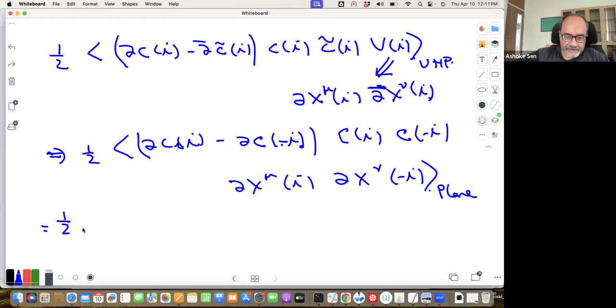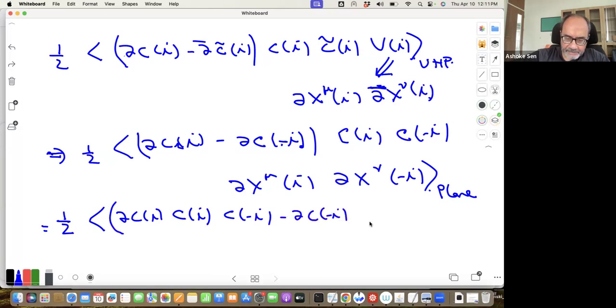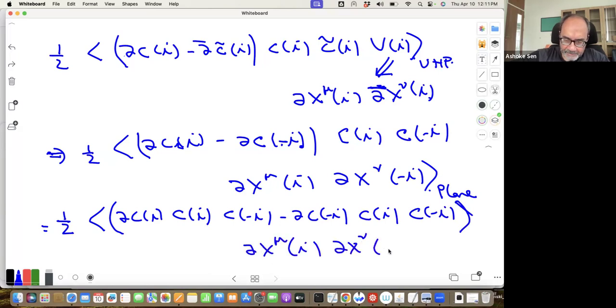So this can be easily calculated. Let me divide it into some parts. We have ∂c(i) c(i) c(−i), minus ∂c(−i) c(i) c(−i), and ∂X^μ(i) ∂X^ν(−i).